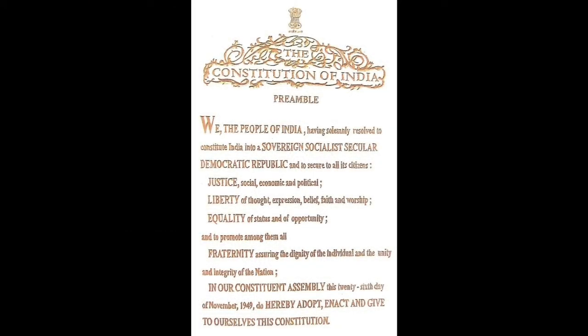The Constitution of India, Preamble. We, the people of India, having solemnly resolved to constitute India into a sovereign, socialist, secular, democratic republic and to secure to all its citizens justice, social, economic and political, liberty of thought, expression, belief, faith and worship, equality of status and of opportunity, and to promote among them all fraternity, assuring the dignity of the individual and the unity and integrity of the nation.